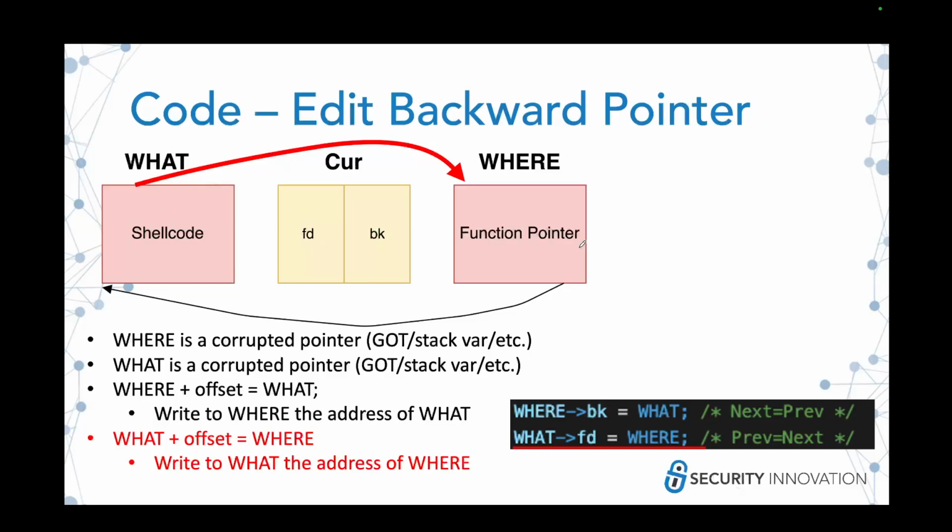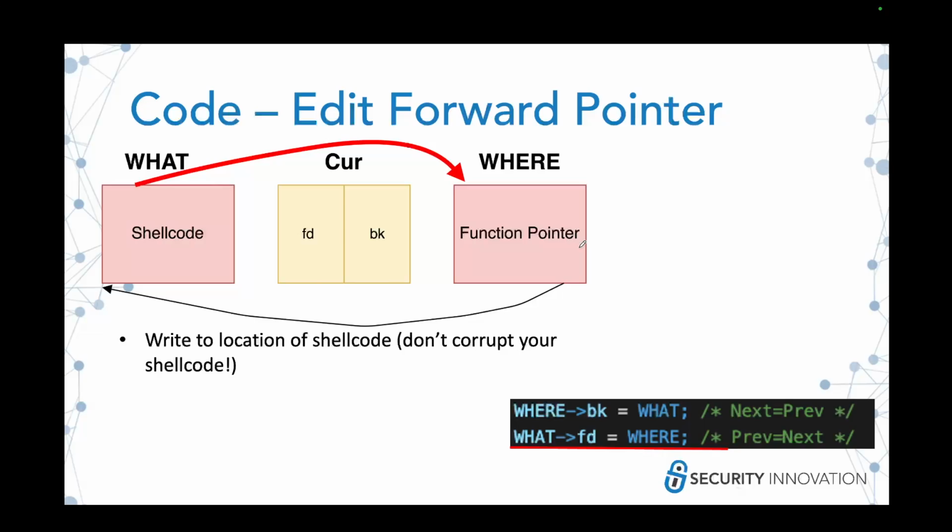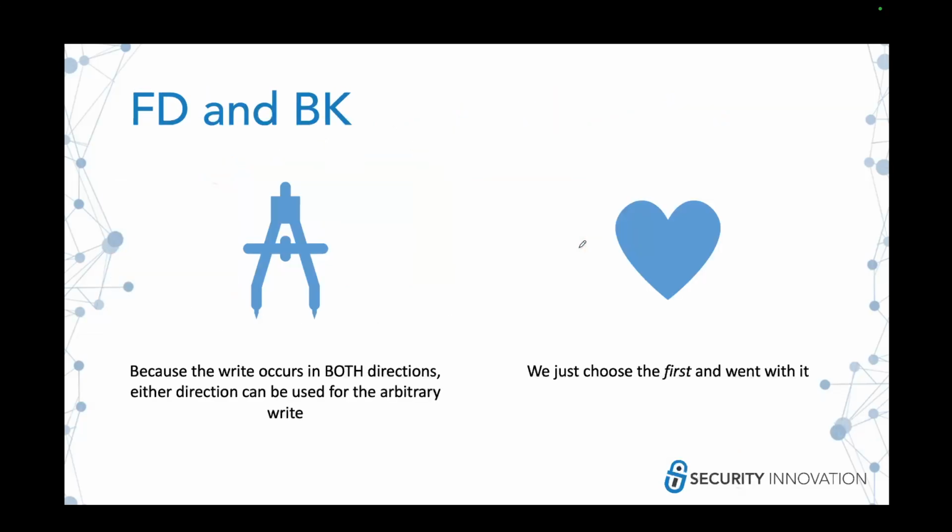And we don't like that because we can actually corrupt our shellcode with that. So we have to be clever with how we write our shellcode. But this is how the unlink macro works. For some context, you can write to this in either direction. I just chose this arbitrarily because I needed to choose something and go with it.